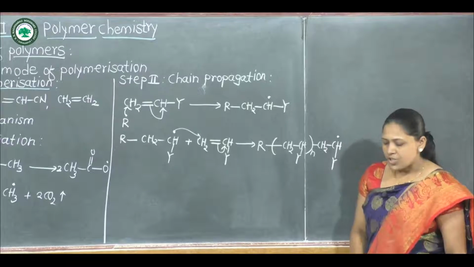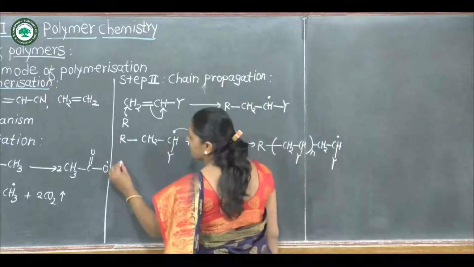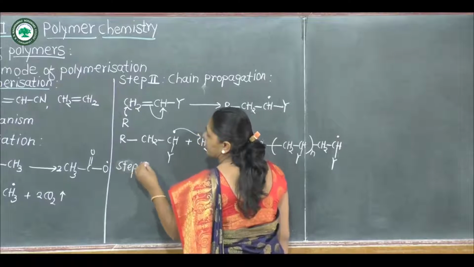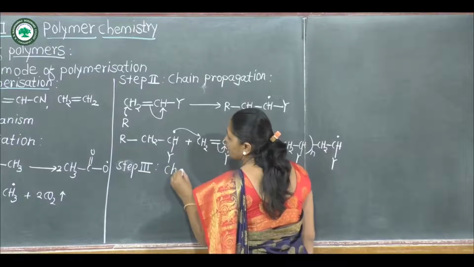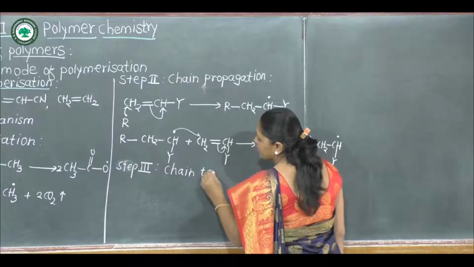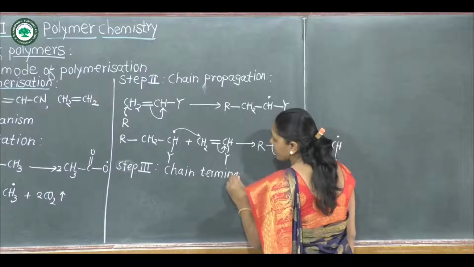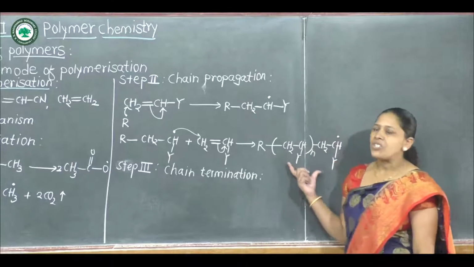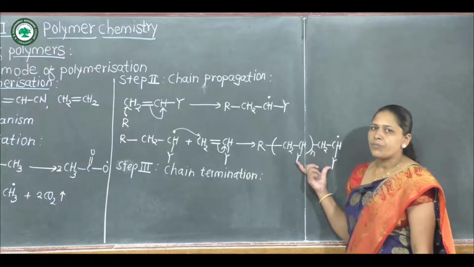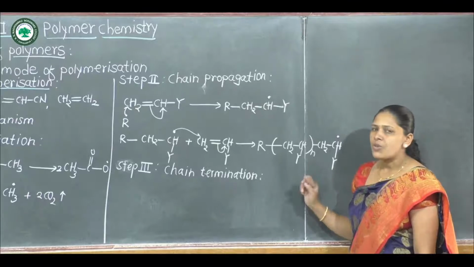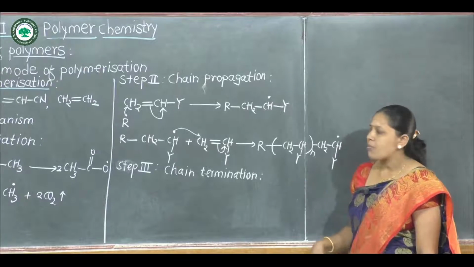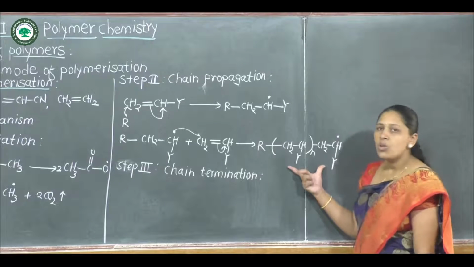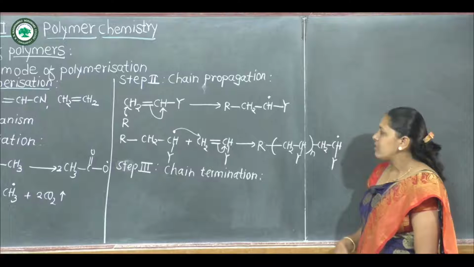The third step is chain termination. Chain propagation continues, but this reaction can be stopped by the chain termination step, by combination of two growing free radicals.